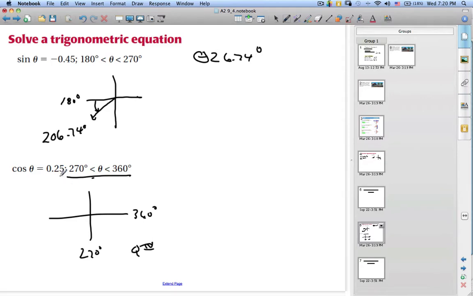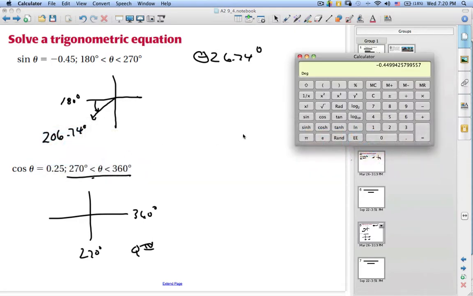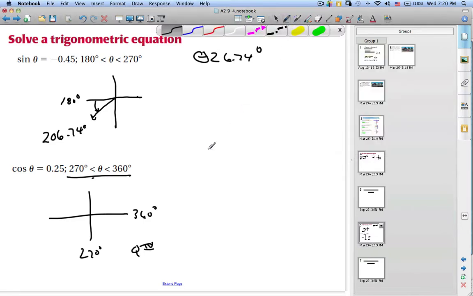Now if I go ahead and find where cosine is 0.25, I do 0.25 and find the inverse cosine, and it says 75.52 degrees. So that means I'm going to go this direction, 75.52 degrees.